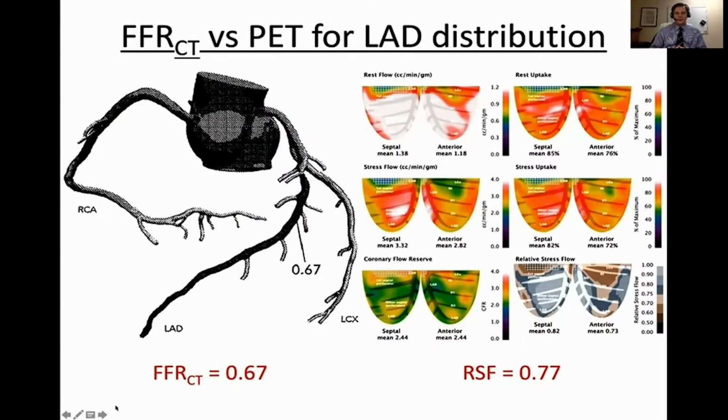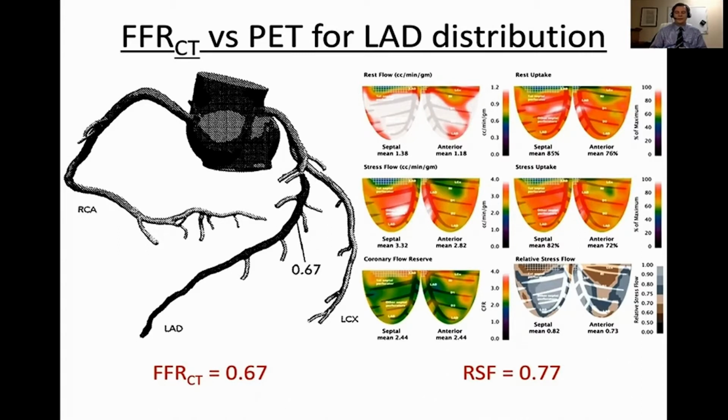We have, you can see the exact numbers there, rest flows in the anterior septal region of about 1.2 cc per minute per gram, which is a little elevated above the average normal range. Stress flows, though, are excellent, approximately 3 cc per minute per gram, and a coronary flow reserve of almost 2.5.